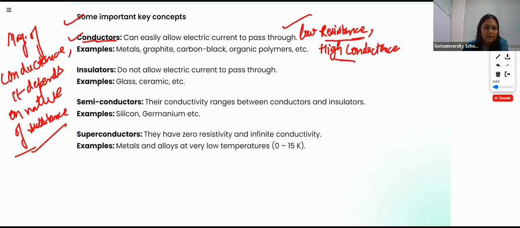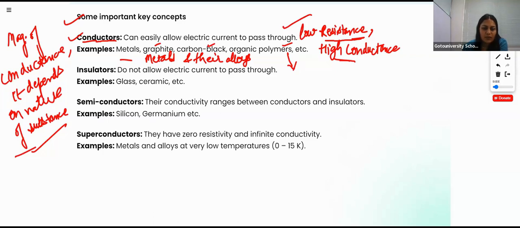Examples of conductors are metals and their alloys. Other than that, graphite, carbon black and organic polymers are also examples of conductors.